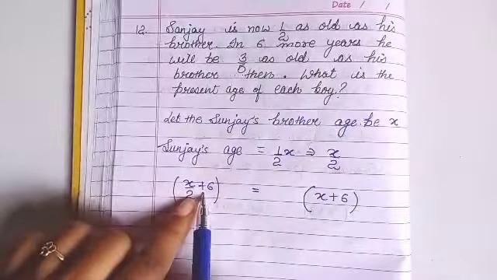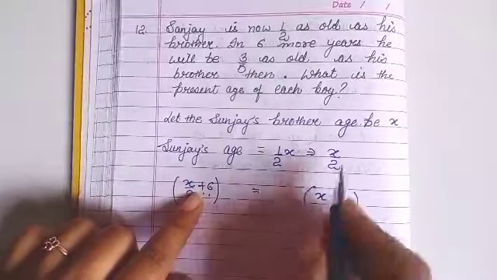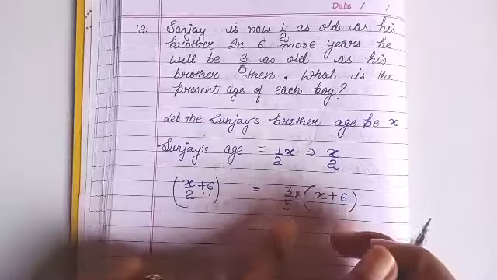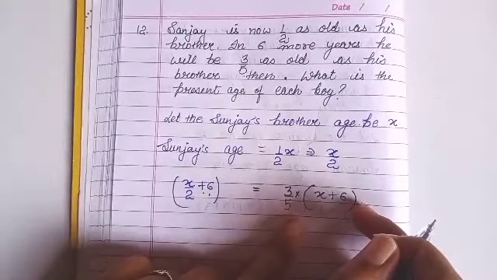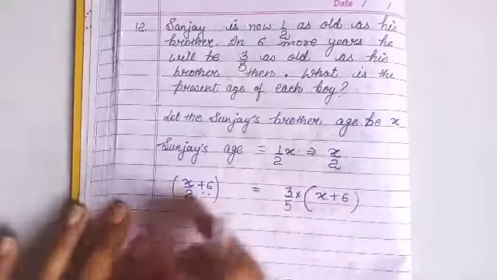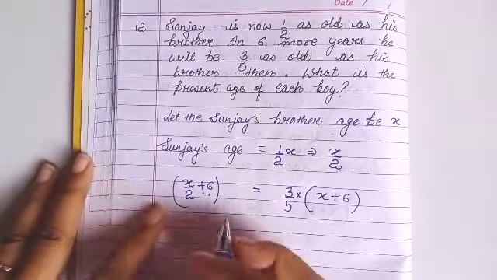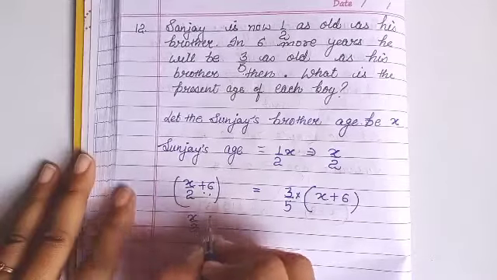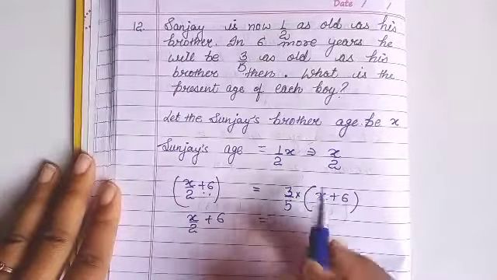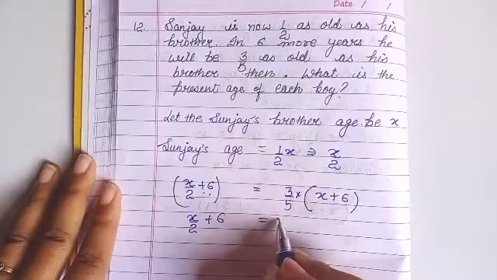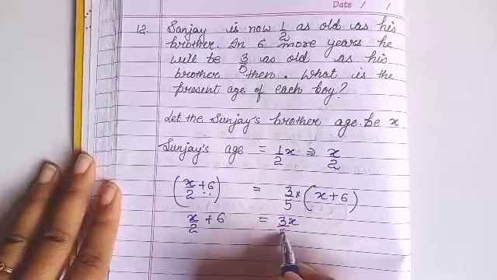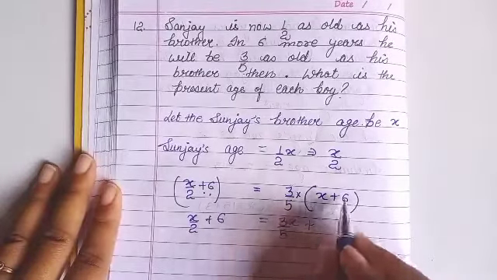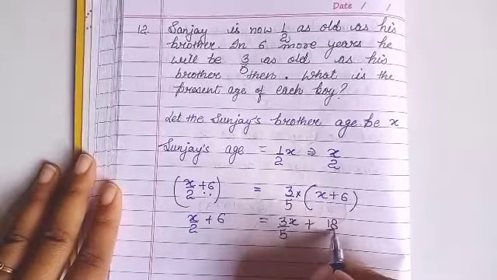After 6 years, Sanjay's age will become 3/5 of Sanjay's brother's age at that time, right? So this is what we have written in the form of an equation. Now simply solve it. x upon 2 plus 6 is equal to, distributive property, 3x upon 5 plus multiply this 3 upon 5 by the 6. 3 6s are 18 upon 5.